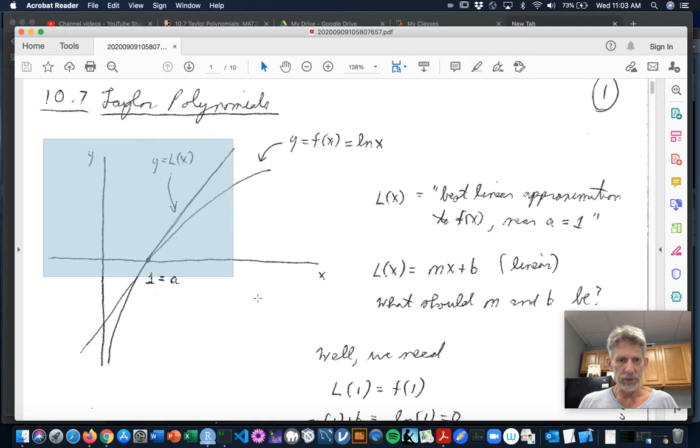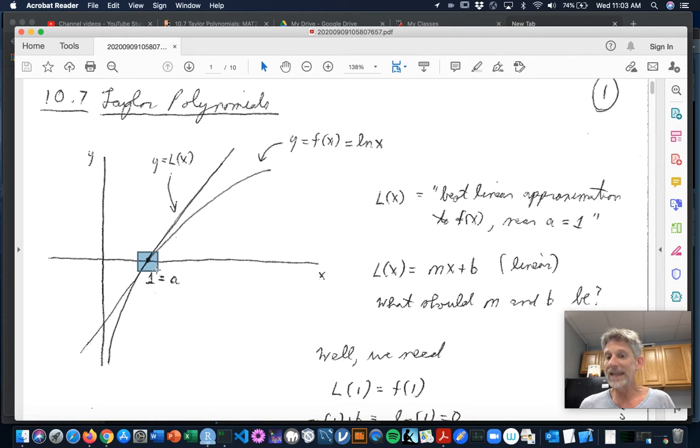Look at this graphical situation here. Got this function log of x, and maybe there's this number on the x-axis, call it a, that I would like to find values for log of x nearby that value of a. Log of 1 is 0, as you can see from the graph, but if you wanted to know log of 1.03 or log of 0.97, that would be really tough.